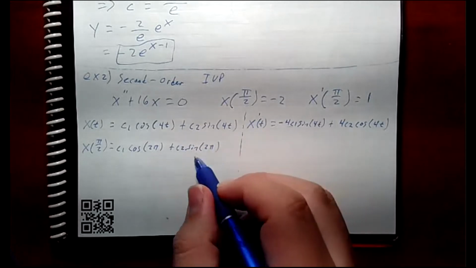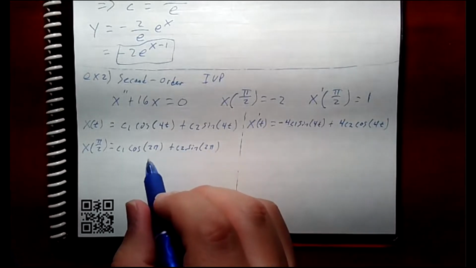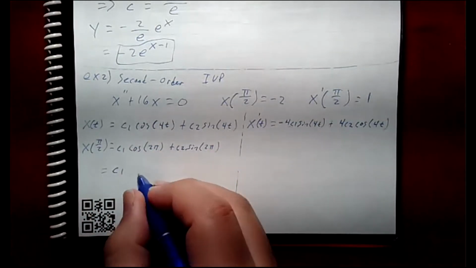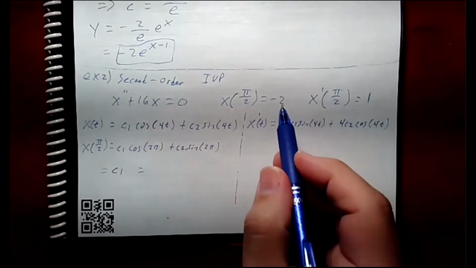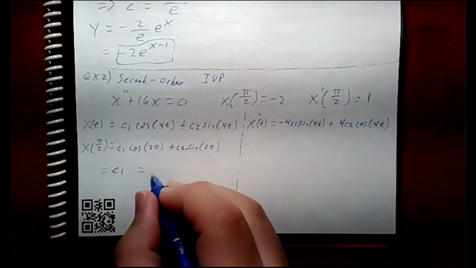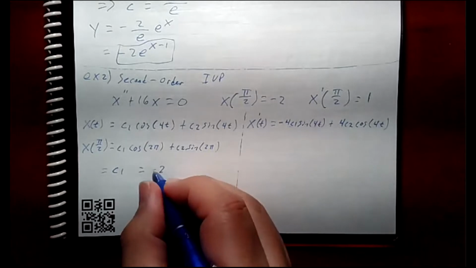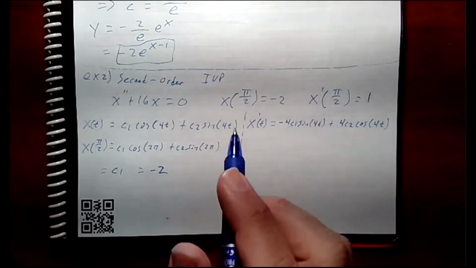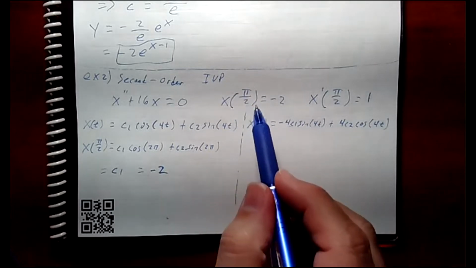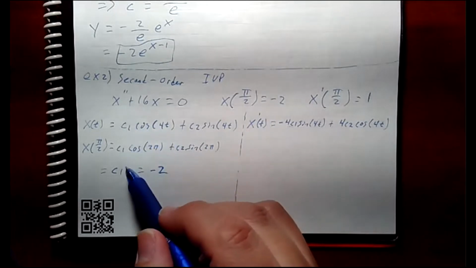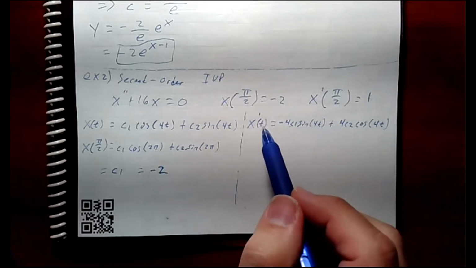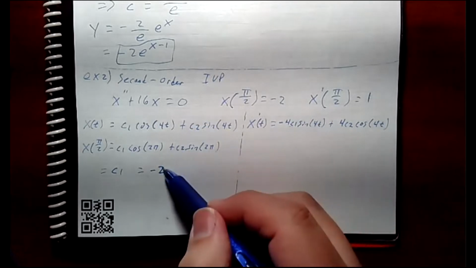Sine of 2 pi, well, that's going to be 0. This will be 1, so this gives me C1, which is equal to -2, right? Okay, so we use the initial condition for x, the solution, to get C1. Now we're going to do this guy to find C2. Any questions on how we found C1?